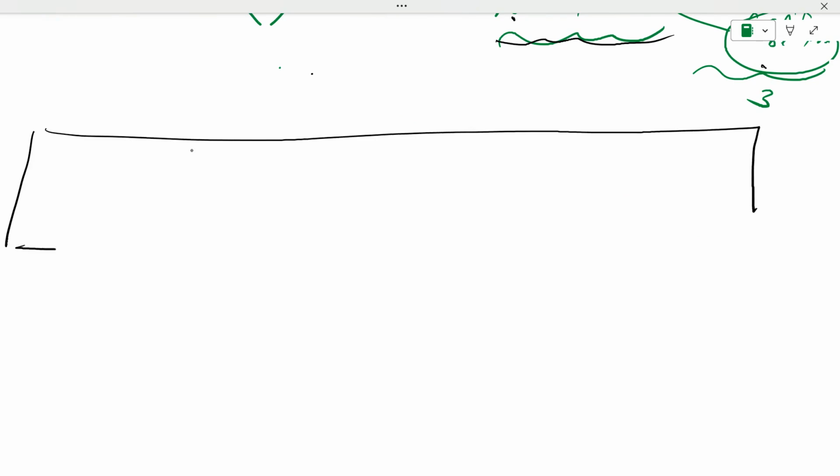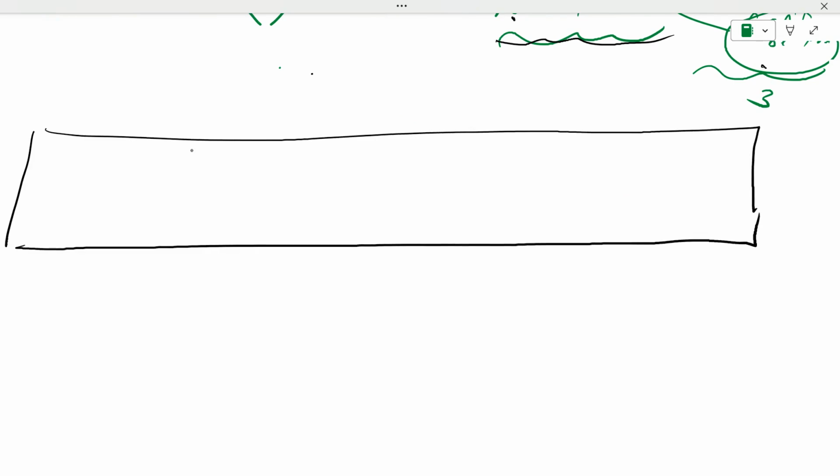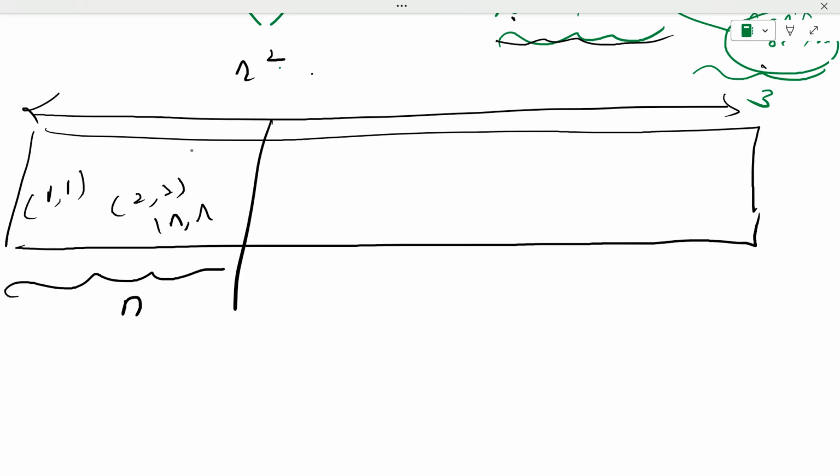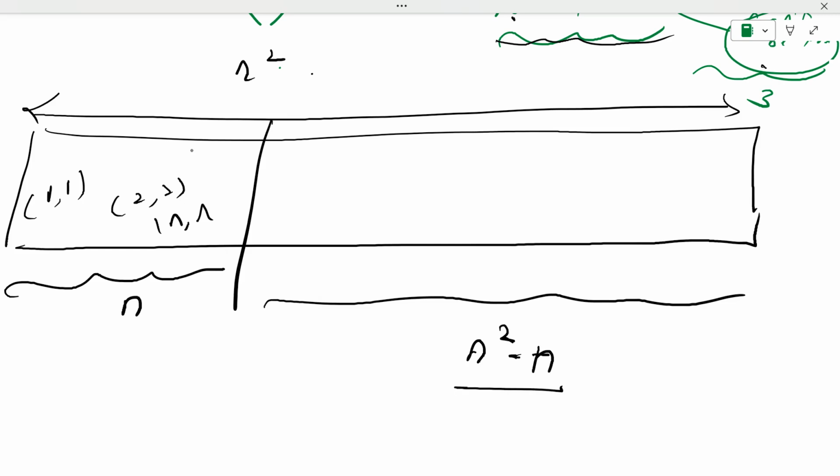So let's divide our entire n square elements in this way, that this contains 1 1, 2 2, and so on up to n n. So these are n. For the remaining n square minus n elements, we will take the pairs.